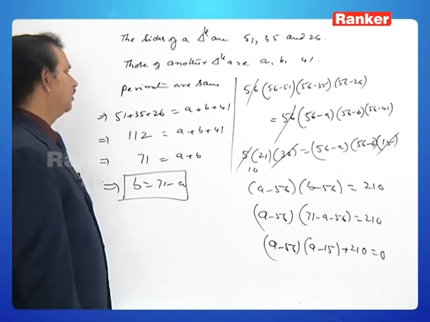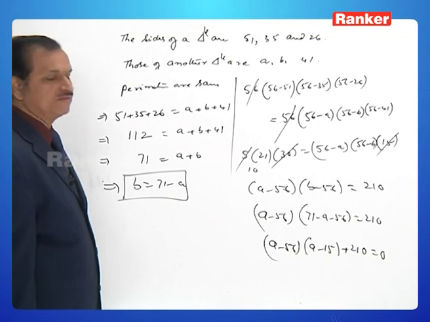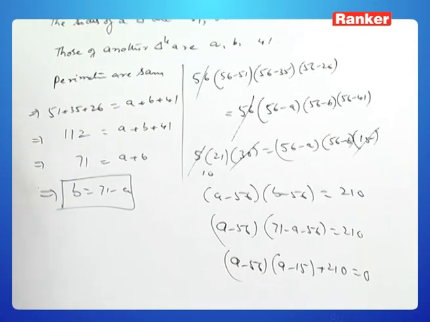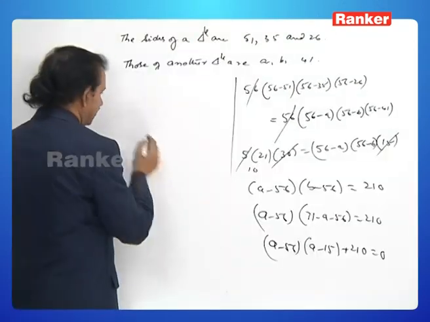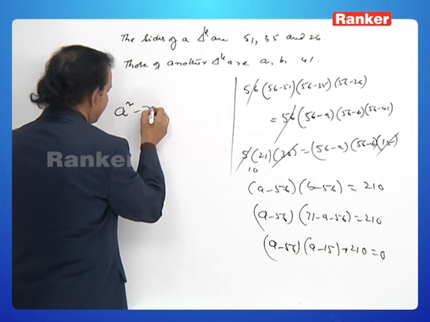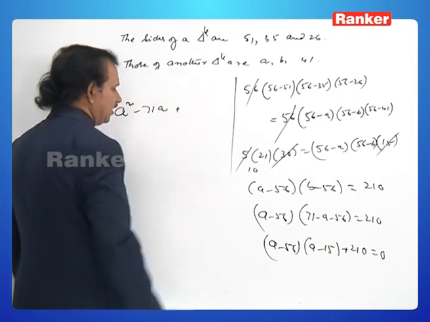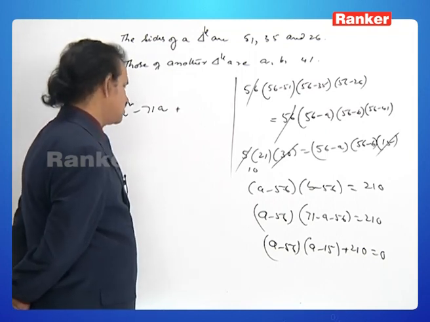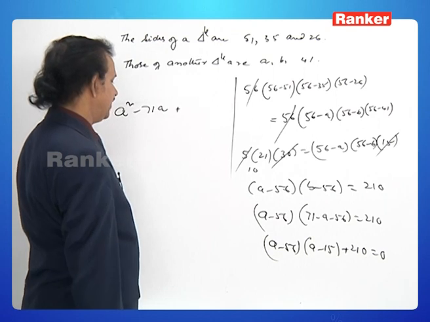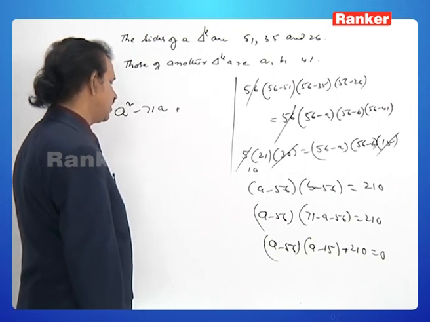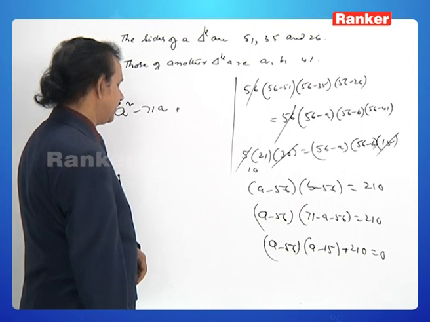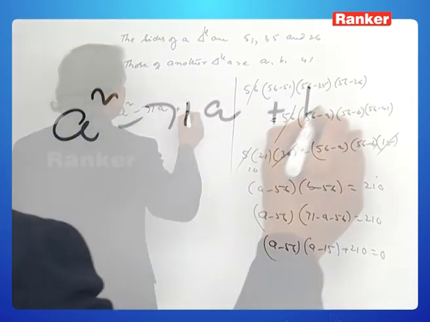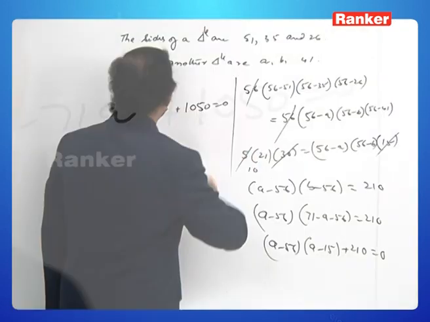So we may have to solve that equation. There is no other go. Please follow that. It is A square minus 71A plus 56 into 15 plus 210. 56 15s: 50 15s are 750, 6 15s are 90, so 840 plus 210 is 1050, equal to 0.